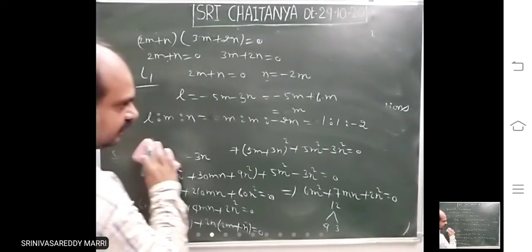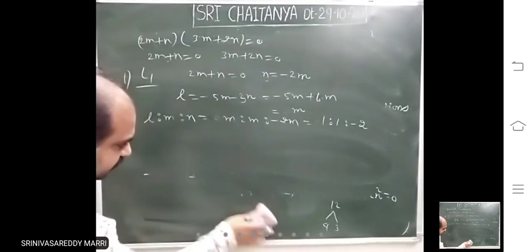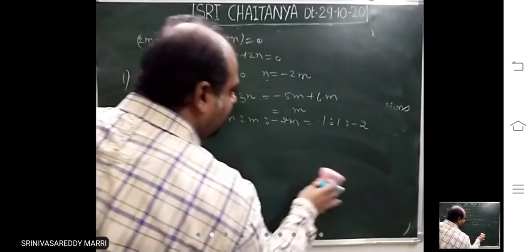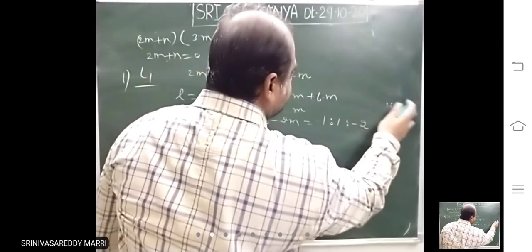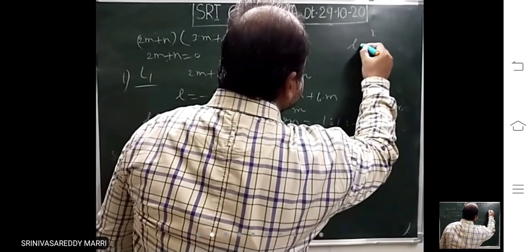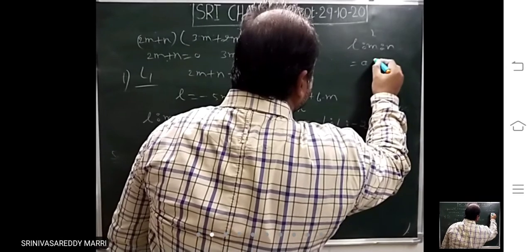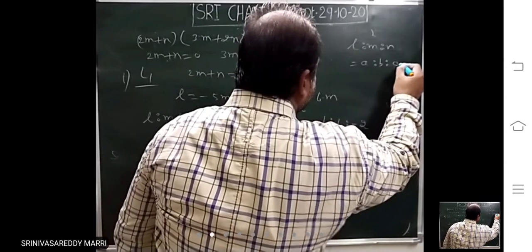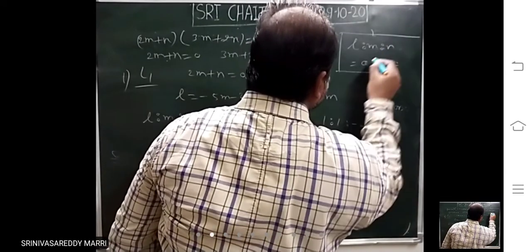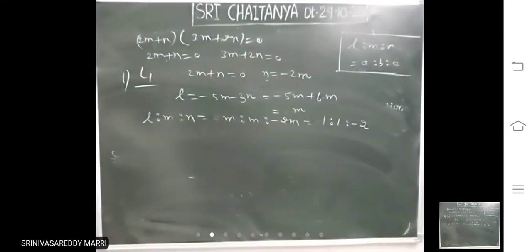Now the DC's ratio you got is nothing but the DR's ratio: l is to m is to n is a is to b is to c.